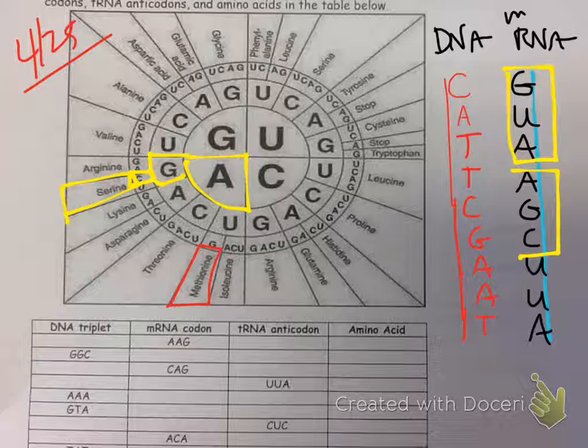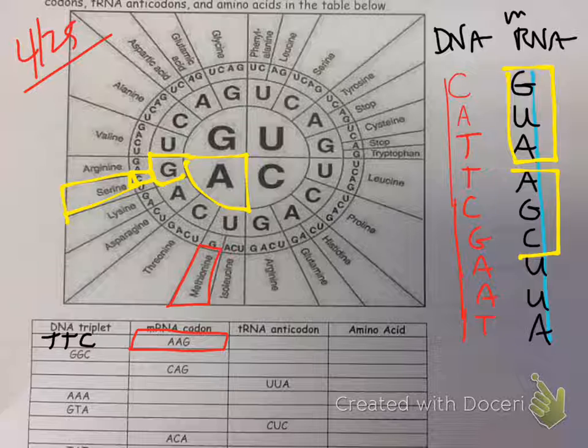So for this first one, we have AAG as our mRNA. What DNA would have coded for that? T, T, C. And again, I like the metaphor of the license plate on the truck. What would be the tRNA anticodon that would mark the tRNA that's carrying the amino acid over to the ribosome?